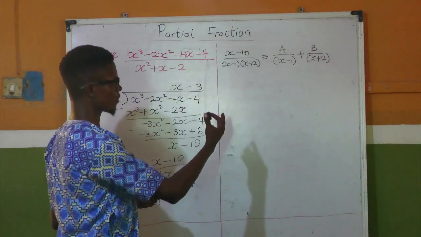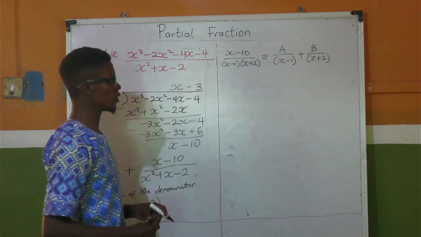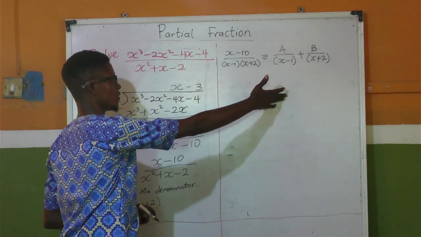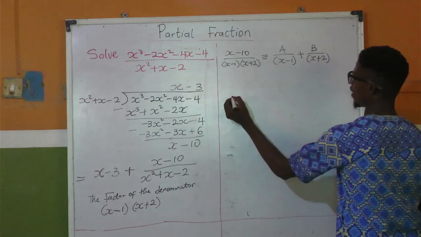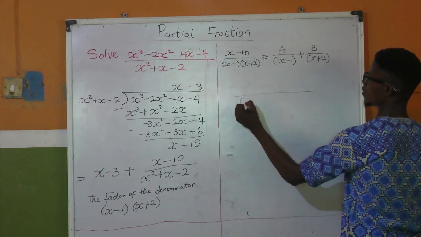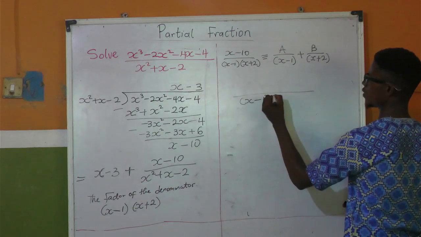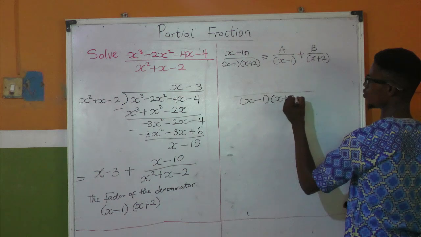So we're going to still follow the same principles. We're going to take the LCM of this expression, so what we are going to have here is x minus 1, x plus 2.